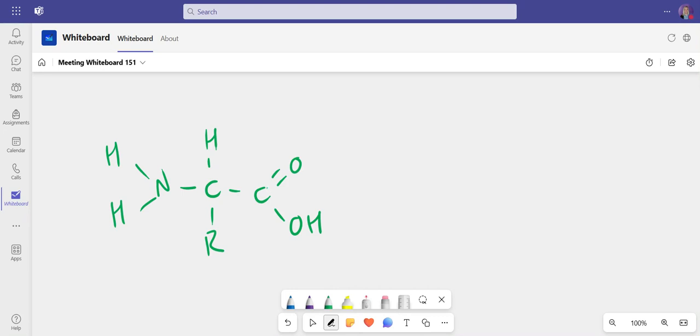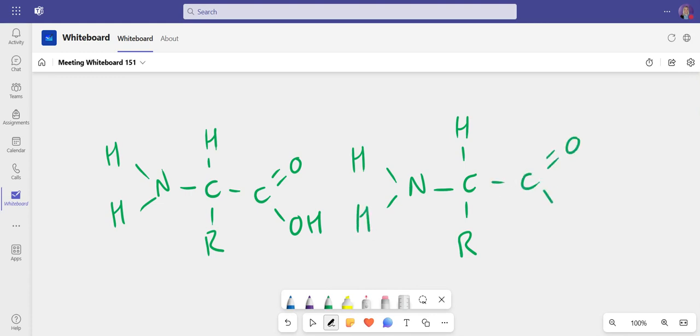Draw another one: carbon in the middle, hydrogen above, R group below, amine group on the left, and carboxylic acid group on the right. Now it forms during what we call a condensation reaction.